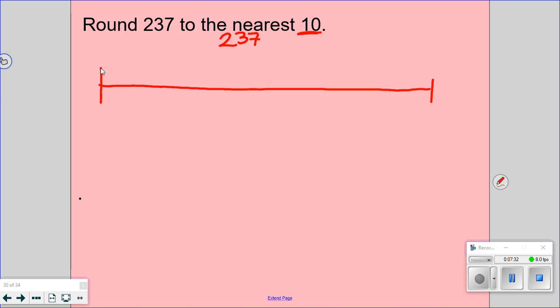That would be 30. Oh, hang on. Say this number. Yep, I need that 230, because I got to start there, right? 230. What's my endpoint? 240. Very good.